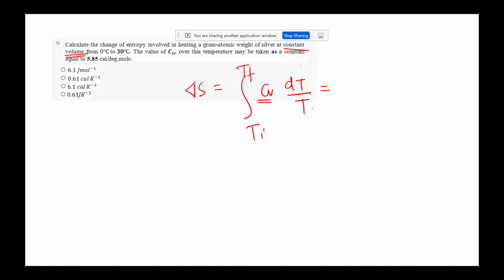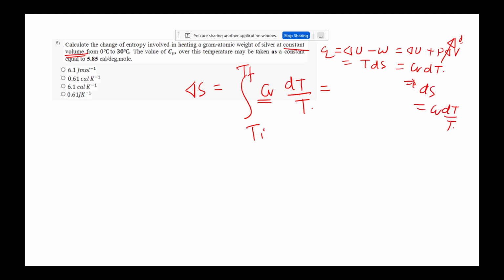Because if you see this, then Q will be delta U minus W, and this W is P del V. So this is 0 since constant volume, and delta U is Cv dT, right? And if you write Q equal to T dS, then dS becomes Cv dT by T. Can you follow this process?